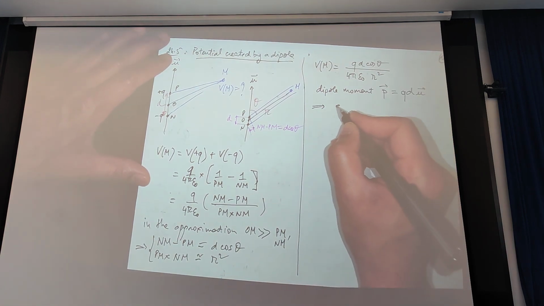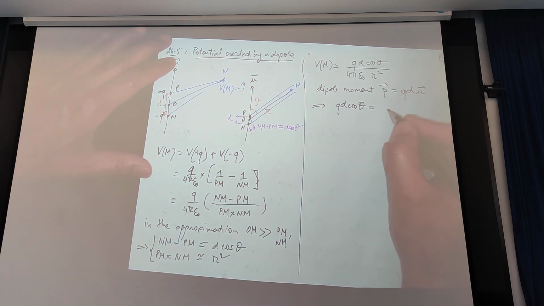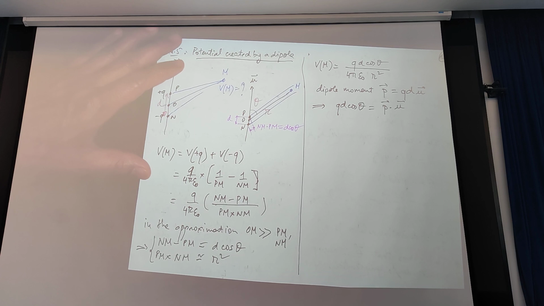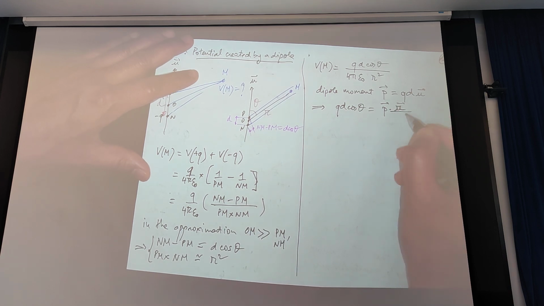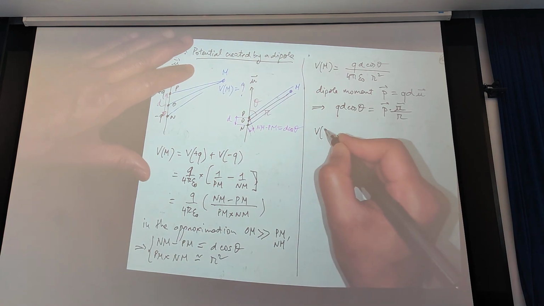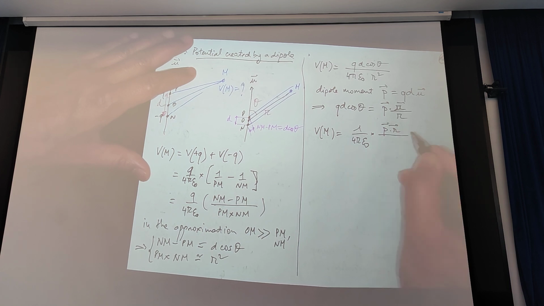That means that q d cos theta equals the dot product between the vector p and u, or rather the vector R, but we need to divide it by R. So finally, we can write that.